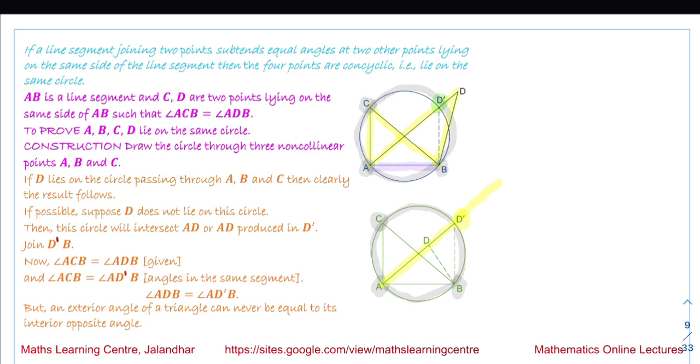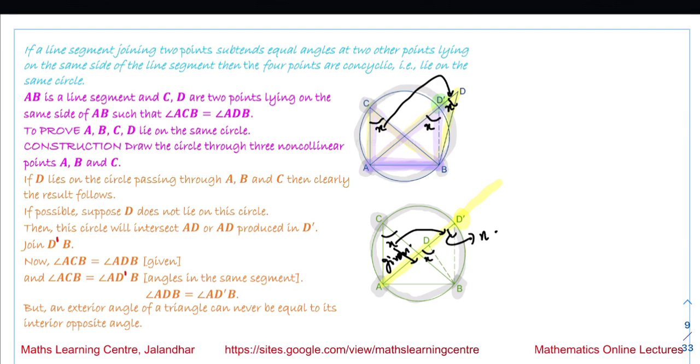So what we have now is, consider angle ACB and second angle AD dash B. We are saying if this angle is x, then this angle is x. Further, it was given to us that the angle at A and C is x. Similarly, in the second figure, these two angles are given to be equal, and this angle and the angle at D dash are equal because they are angles lying on the same segment.